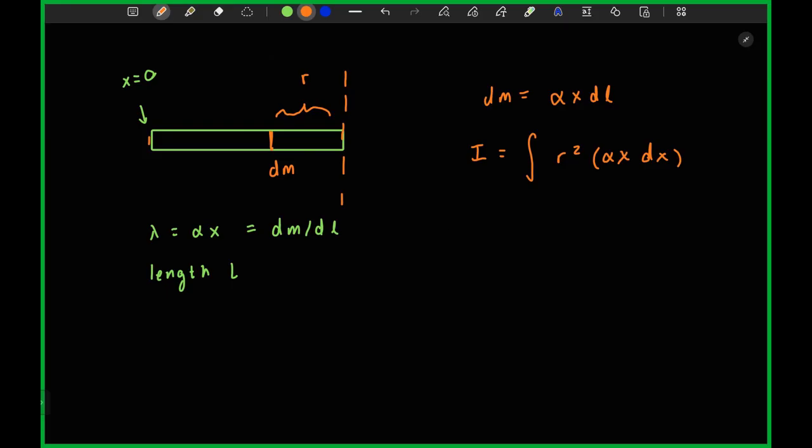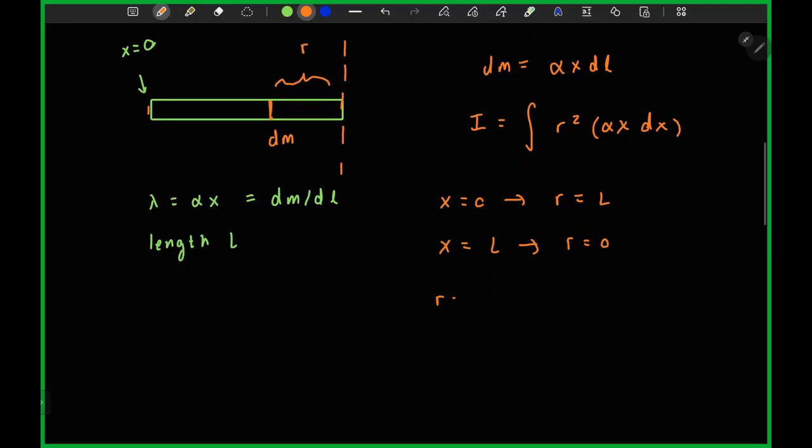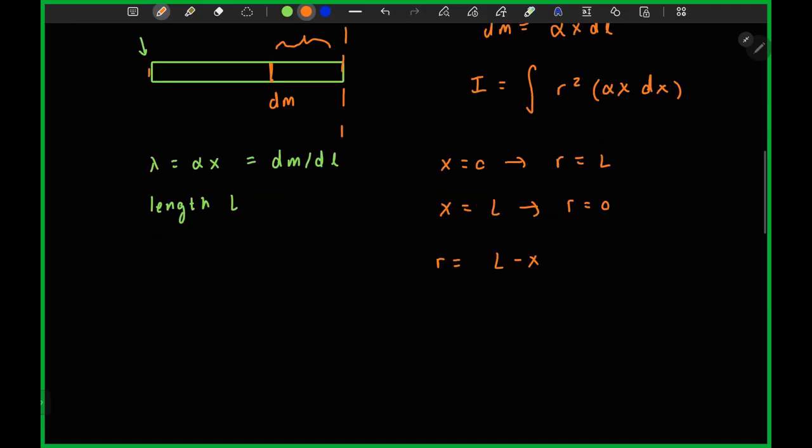Well, note that at x equals 0, r is equal to L. At x equals L, r is equal to 0. In fact, in general, we can linearly relate these, and we can say that r is equal to L minus x, leaving our moment of inertia as I is equal to the integral of (L minus x) squared times alpha x dx.